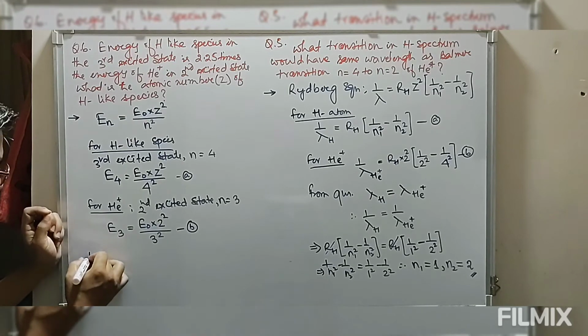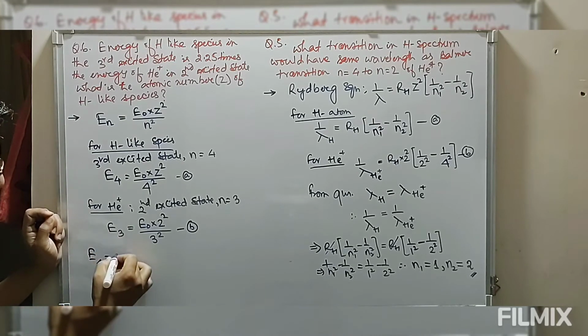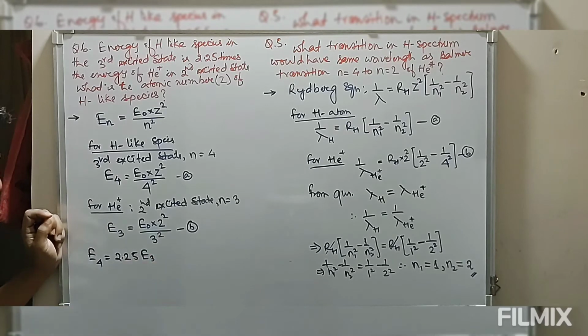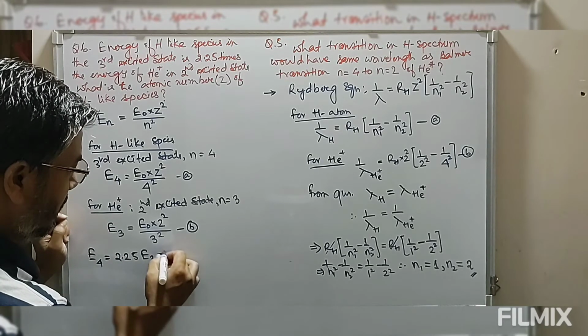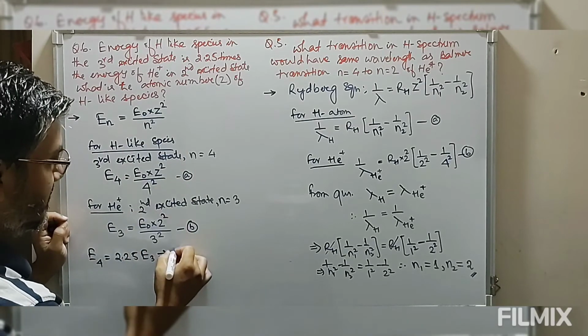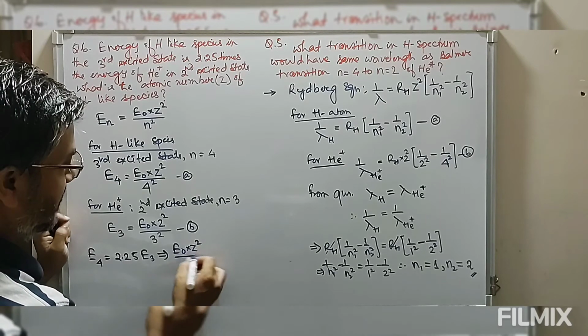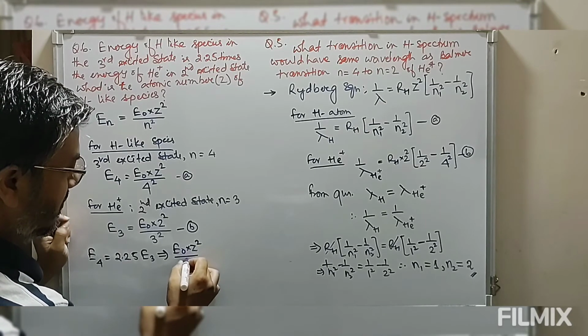So from the question, E4 is equal to 2.25 times E3. Now look at this, E4 is E naught into Z square divided by 4 square.